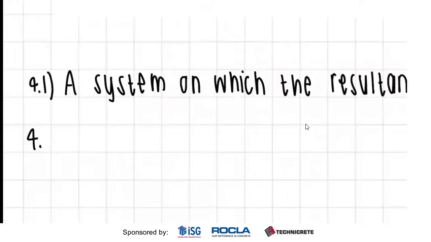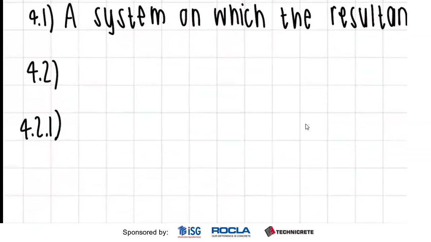This is 4.2.1. A really good formula that we find on the formula sheet is momentum equals mass times velocity.